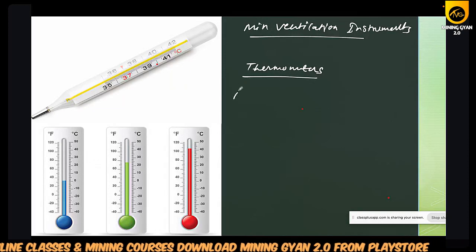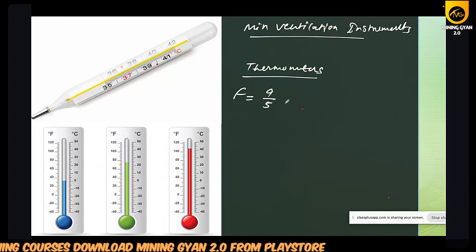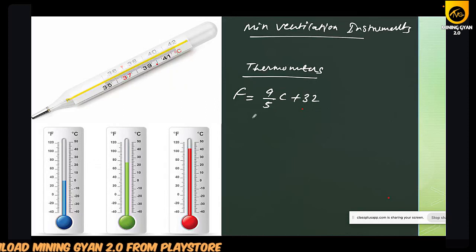In the thermometer you just need F equals 9 by 5 C plus 32, where C is Celsius and F is Fahrenheit.